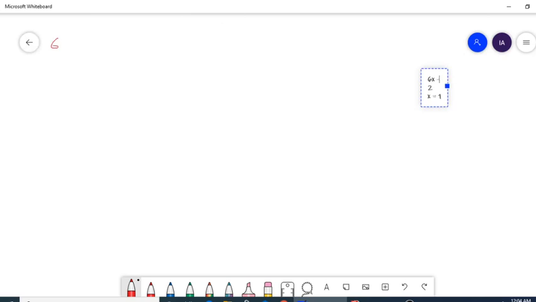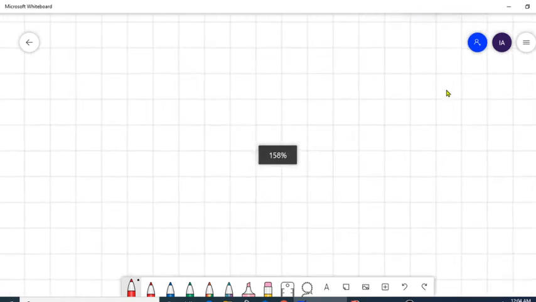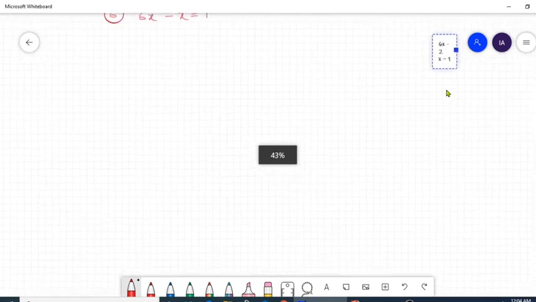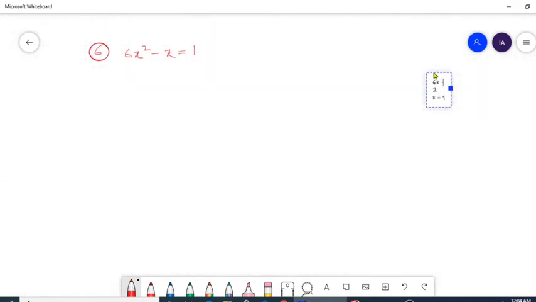I'm going to solve this question number 6. So here we have 6x square minus x equals to 1. This is actually our original question. Now I'll delete this question. Okay, so this is our question.